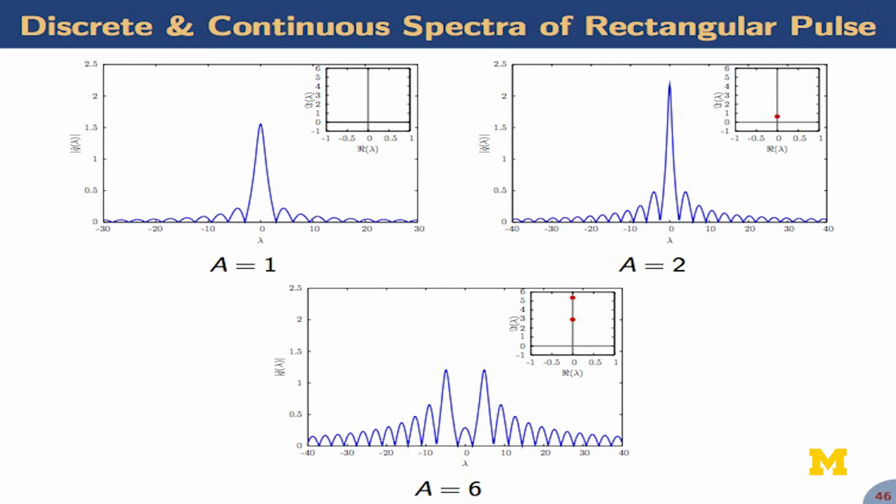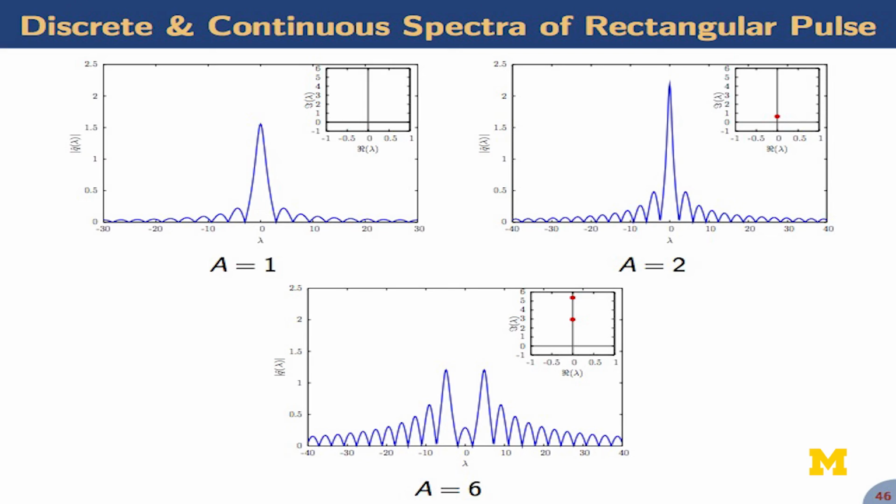So at small signal amplitudes, where A is the signal amplitude, this looks like a sinc function. The Fourier transform of a rectangle, everybody knows, is a sinc function, right? And in fact, as you increase the amplitude, it stops being a sinc function.